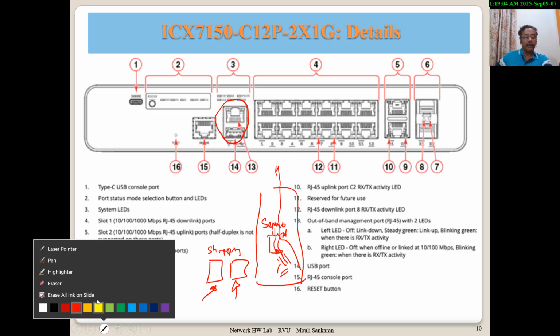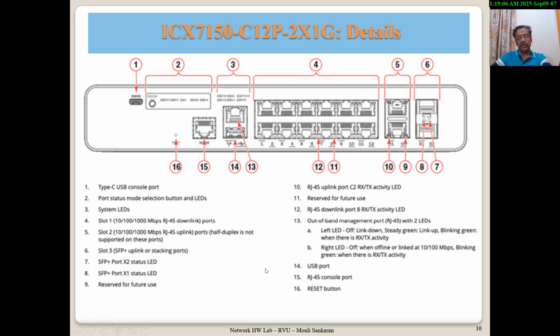Similar to that, there is a management port which is meant for managing the device. So this is actually Ethernet. This is also Ethernet. But if you connect a host device here, it is not meant for sending traffic over the network. It is only to configure the device. It is used by the IT admin.